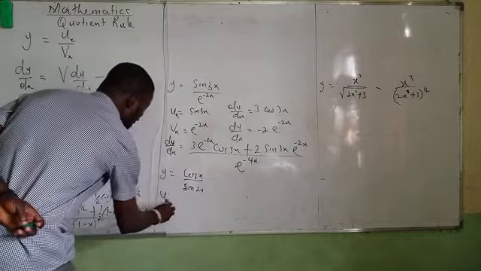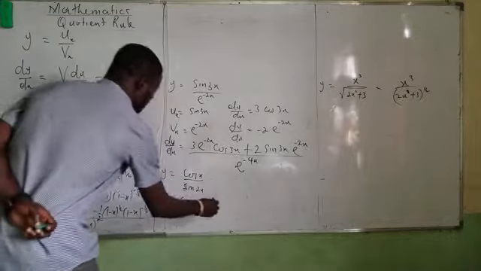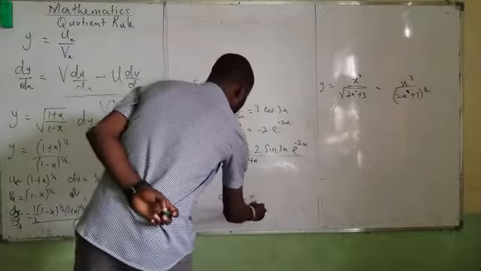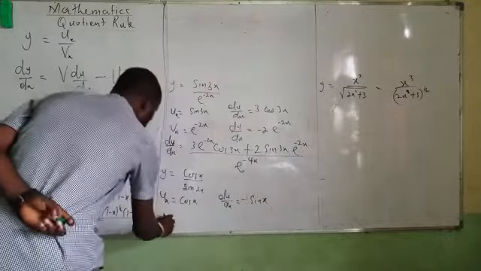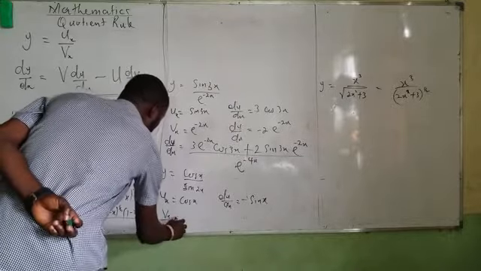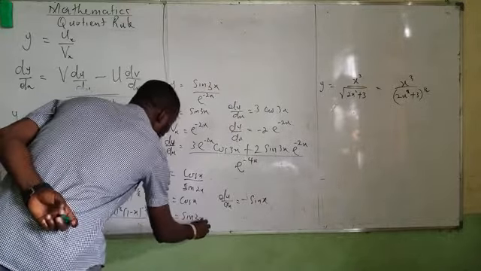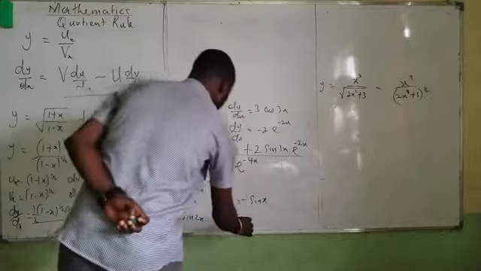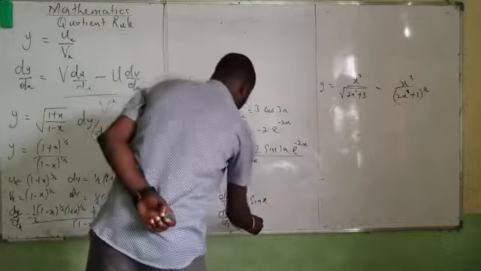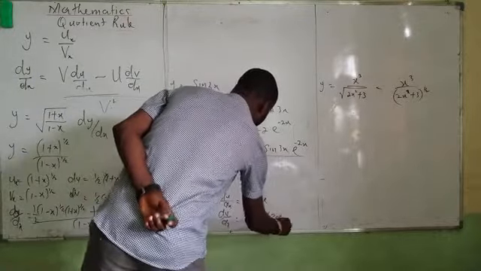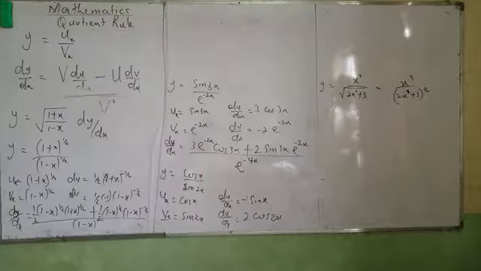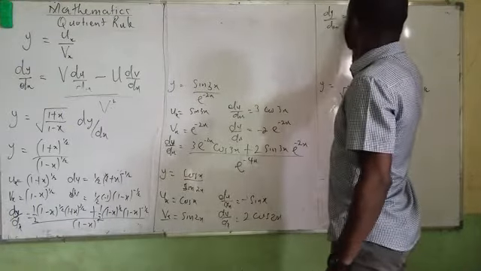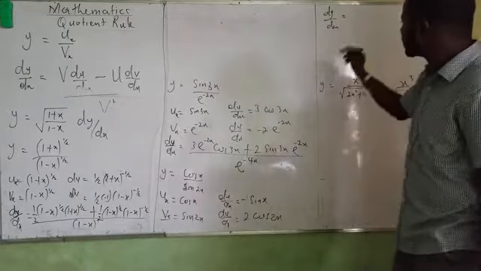My u of x is cos x, my du/dx will be equal to minus sine x. And also my v of x will be equal to sine 2x. My dv/dx will be equal to 2 cos 2x. By so doing that, you continue, you apply it, which I have dy/dx equal to, what is my v?